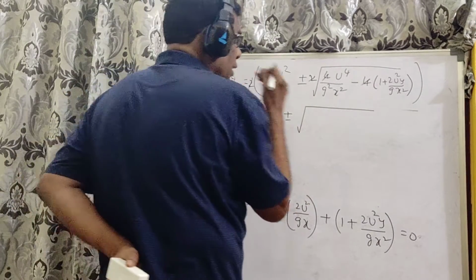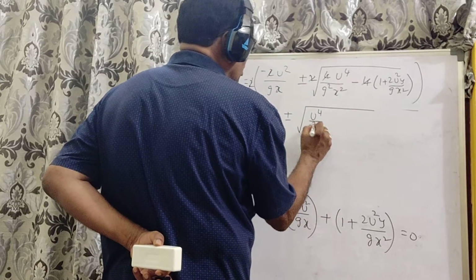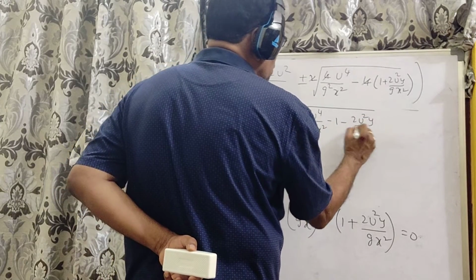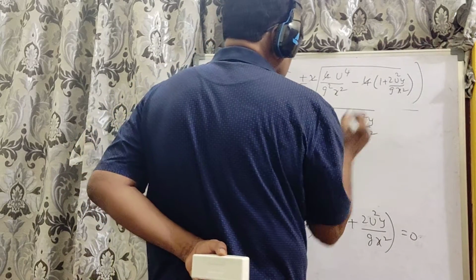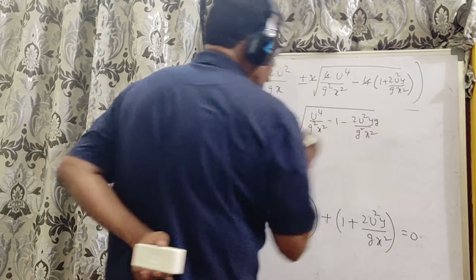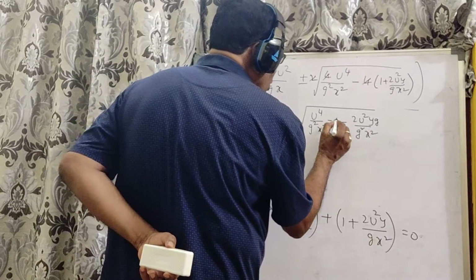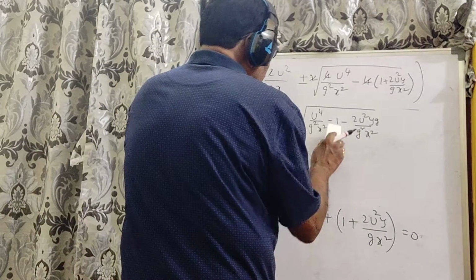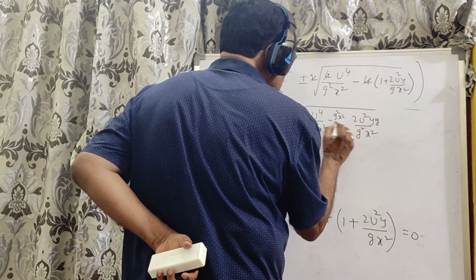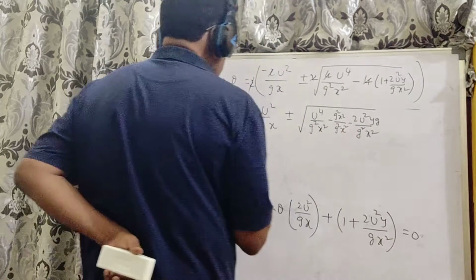Now what are we getting here? g square x square, I'll write it here to avoid confusion. Minus 1 minus 2u square y by gx square. I'll multiply and divide with g there, so that this denominator I want to make it in a similar way here also. I write g square x square by g square x square.